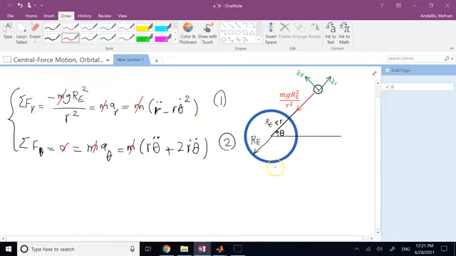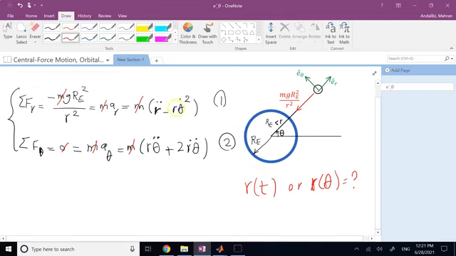What we really need here is a solution like r as a function of t or r as a function of theta. That's what we need. Okay, preferably r as a function of theta. Why? Because if you do r versus theta, then you can draw a simple polar plot of the orbit.